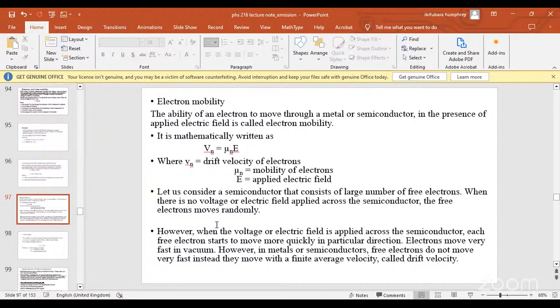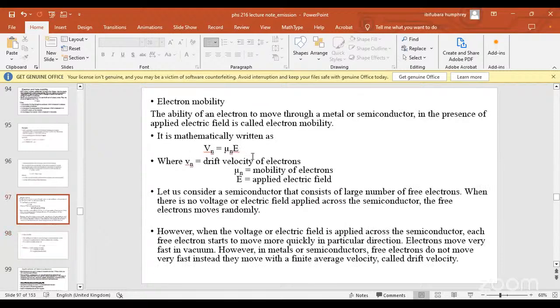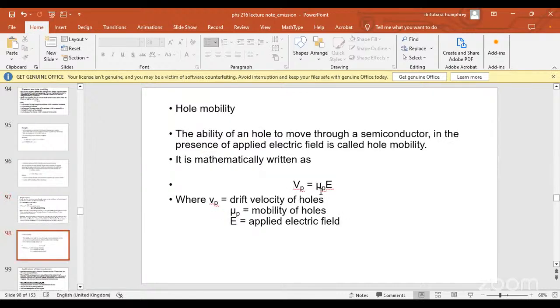To calculate the drift velocity using the mobility of electrons, we have Vn is equal to the mobility of electron times the electric field, because the drift velocity of an electron is directly proportional to the electric field applied across the terminals of the material. For holes, the mobility becomes P. So for electrons, we have N, and for holes, we have P.